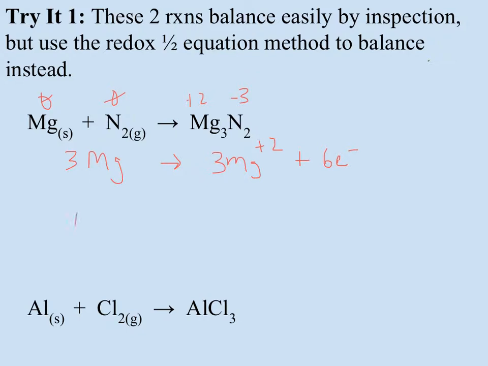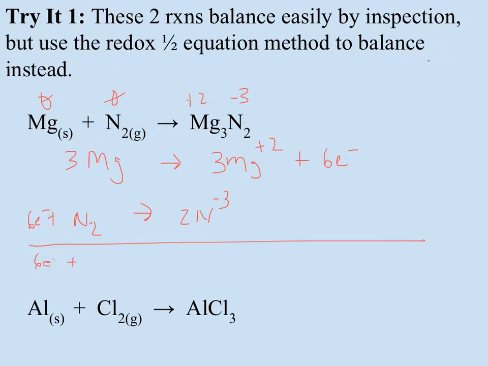My N2, on the other hand, becomes 2 nitrogen ions with a -3 charge. I am balanced with my nitrogen, N2 and 2N, and this needs a total of 6 electrons to be gained over here. So now when I add, I've got 6 electrons gained, 6 lost. I can go ahead and add my equations.